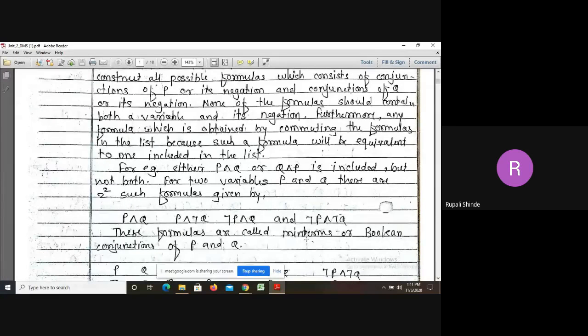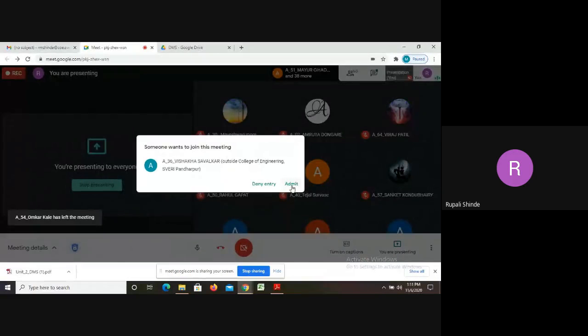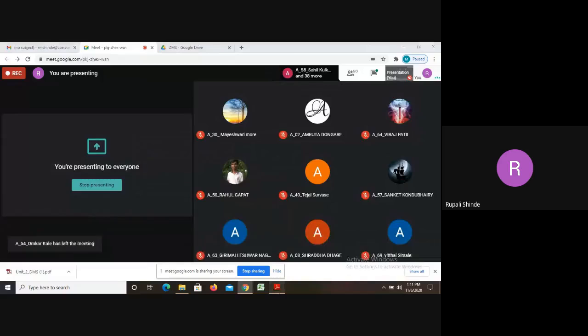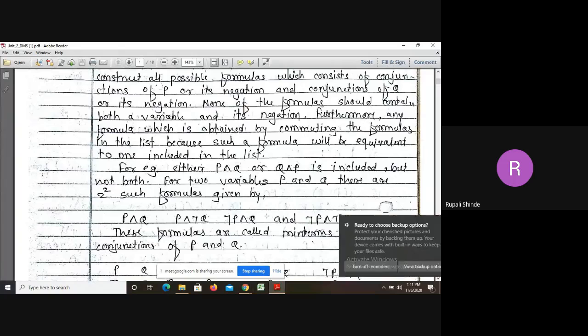Those minterms are represented as: first one P and Q, second one P and negation Q, third one negation P and Q, and last one negation P negation Q. So all these are called minterms. Look at these minterms. Variables are connected together by AND operation. So these are the minterms.